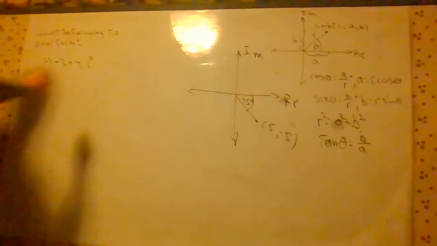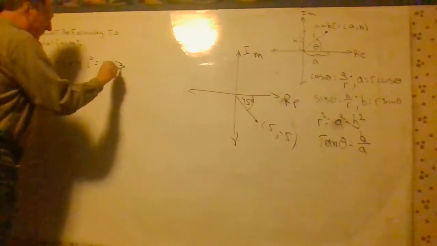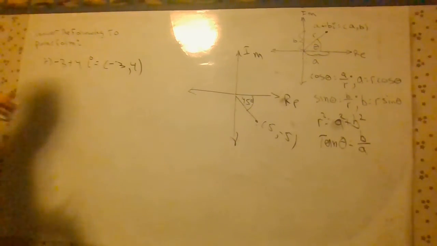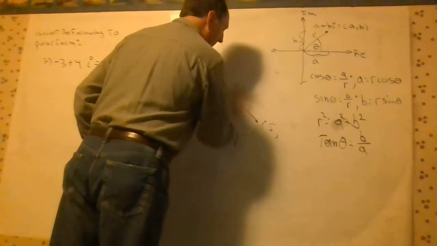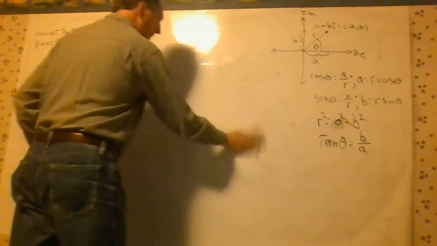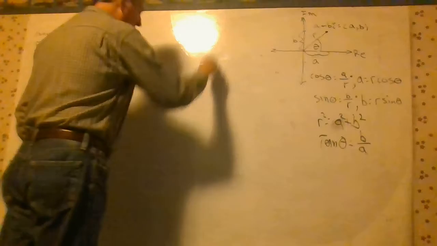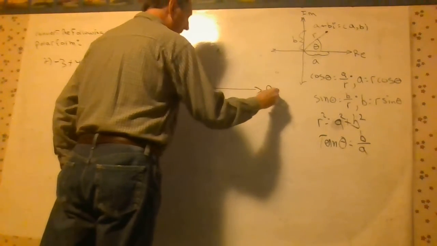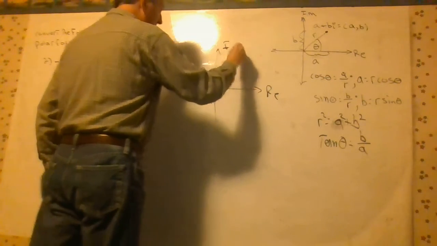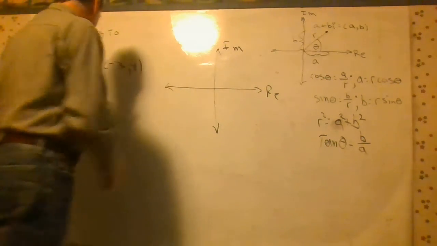-3 plus 4i, which is the point (-3, 4). If we plot this, real, imaginary.